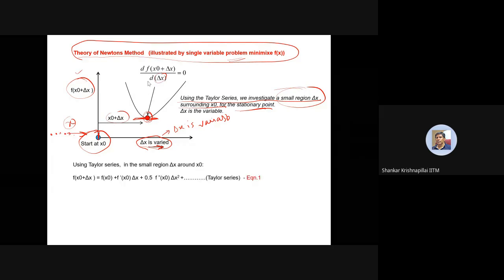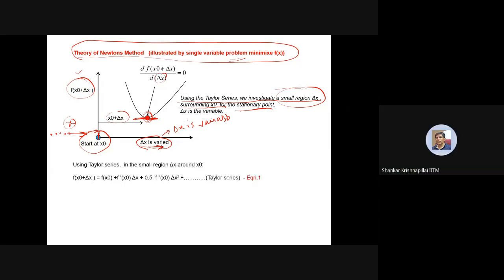Now with the Taylor series expansion, we get an expression for f of x naught plus delta x.